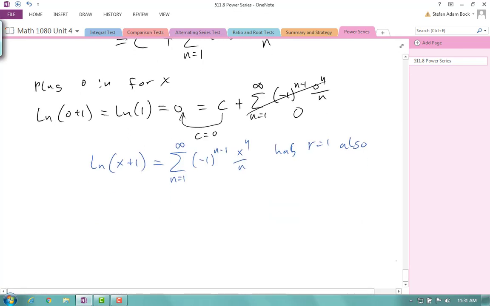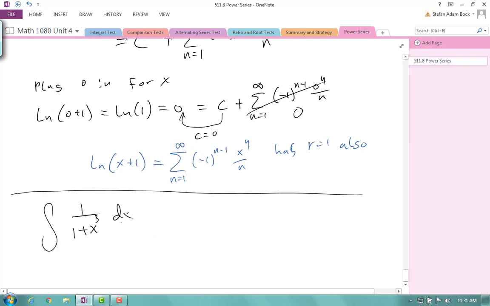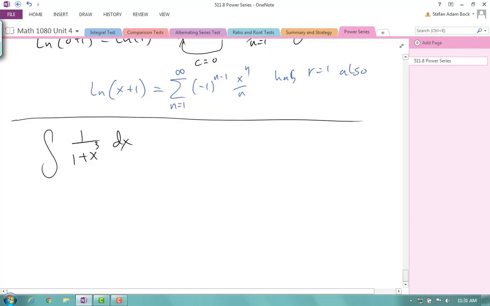For example, the integral of 1 over 1 plus x cubed dx. I don't really know how to handle that, which is a lie. I do know how to handle this because I could use partial fraction decomposition.